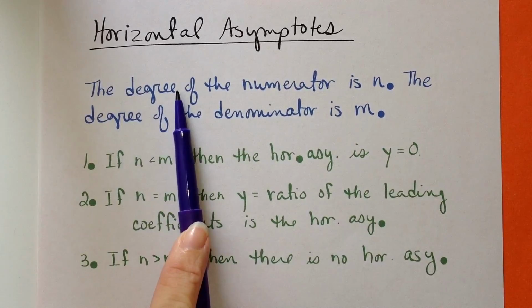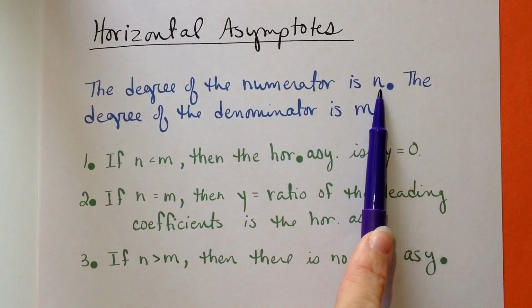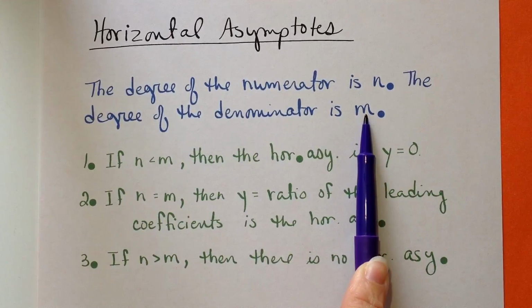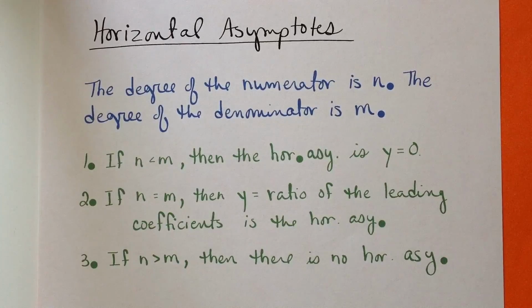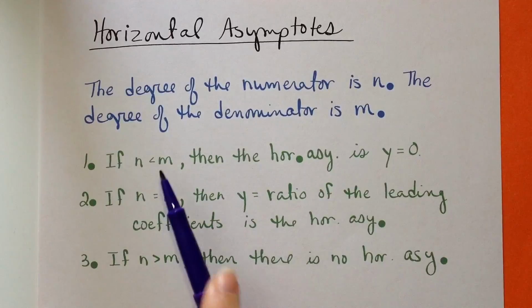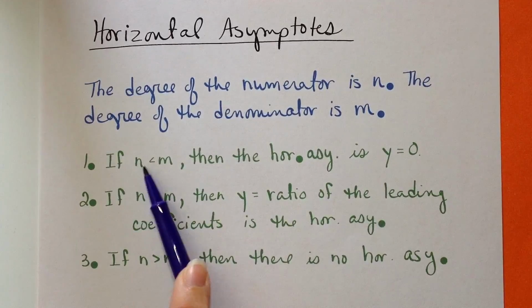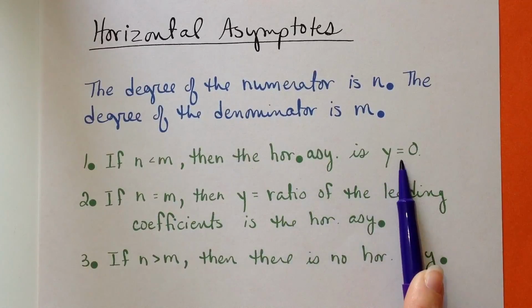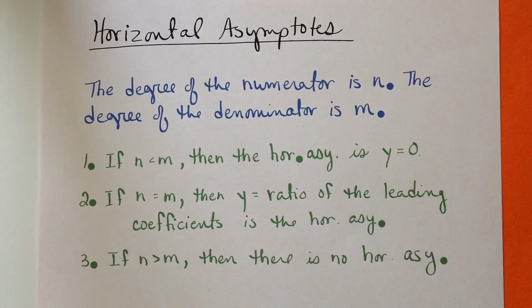So this tells you to let the degree of the numerator be the N and the degree of your denominator to be M. All right, so when you identify the degree of your numerator and your denominator, if the degree of the numerator is less than the degree of your denominator, then your horizontal asymptote is always going to be at y equal 0, which would be your x-axis.